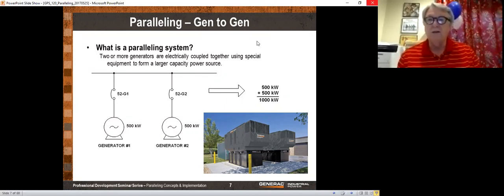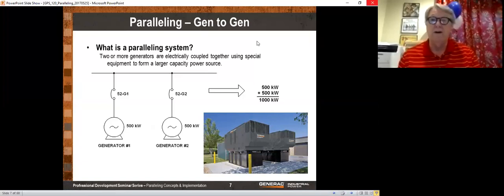So it turns out in all paralleled systems, those generators parallel very effectively. And so we simply add them together, and two 500 kilowatt generators will be the same as one 1 megawatt generator. Now, that's the case in terms of continuous load. What if you had a motor start of a very large motor?